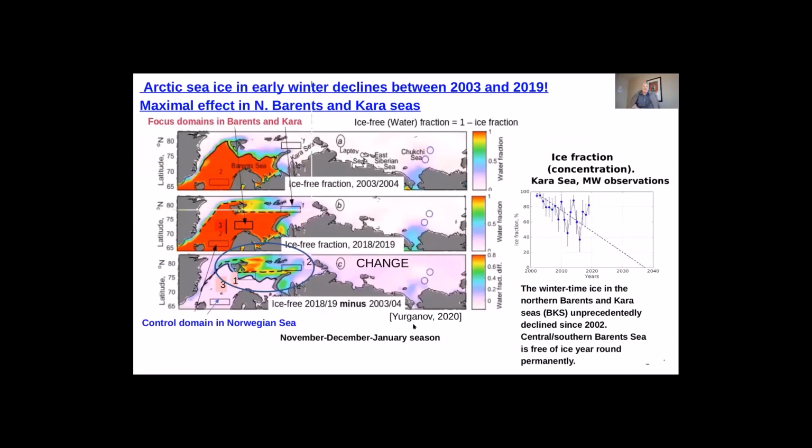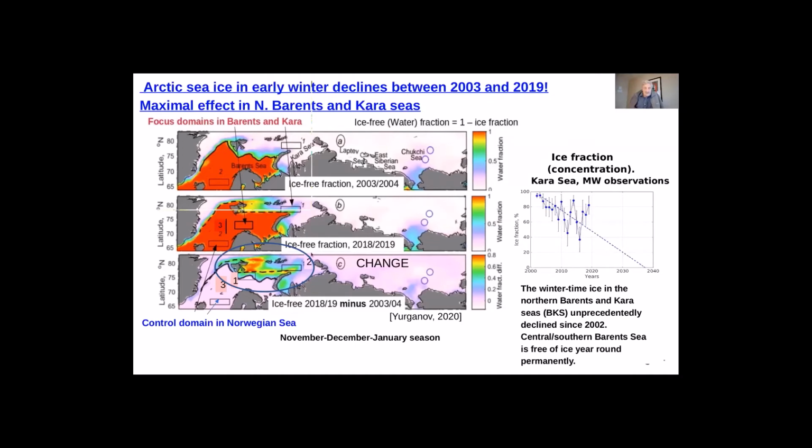Also interesting for us is the decline of ice concentration. For the Kara Sea, the distribution is here for the beginning and end of the period of measurement. And this is the difference between them.